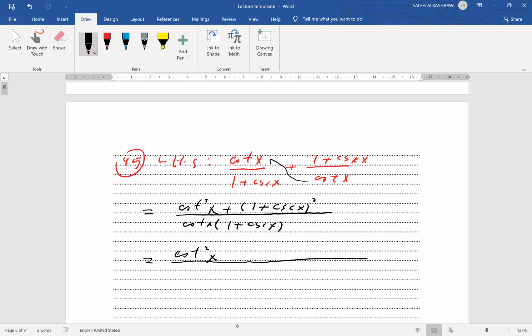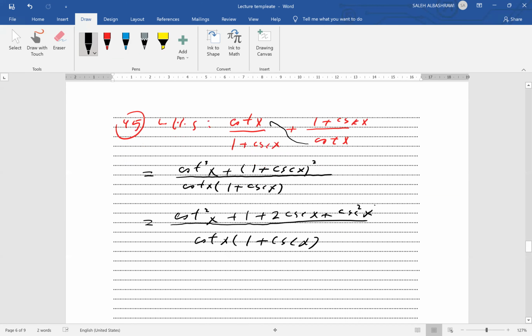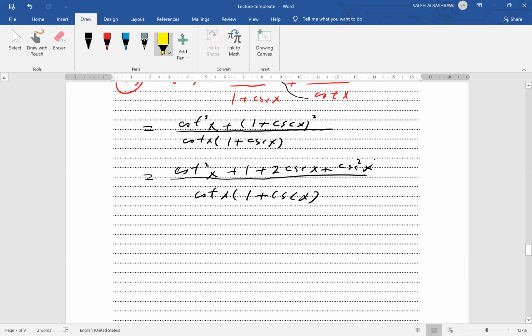If we expand or open the bracket 1 plus cosecant square, it will be a square plus 2ab plus b square, that is 1 plus 2 cosecant of x plus cosecant square divided by cotangent times 1 plus cosecant of x. And to simplify it, we know that cotangent square plus 1 equal to cosecant square.